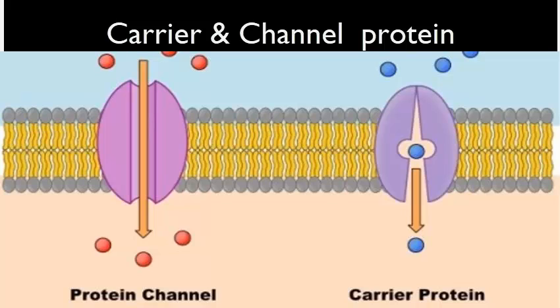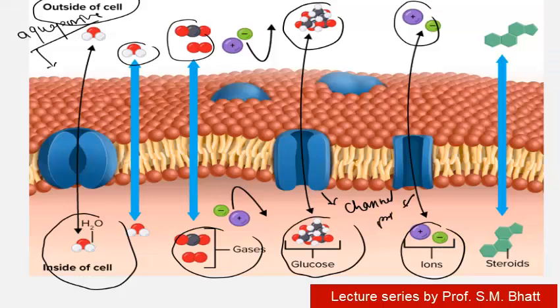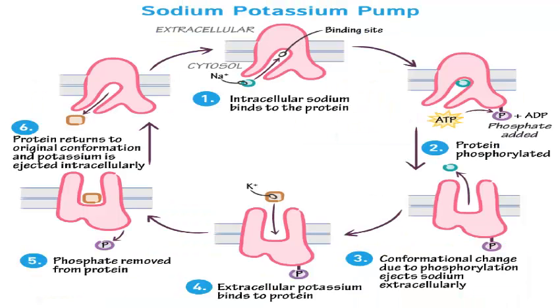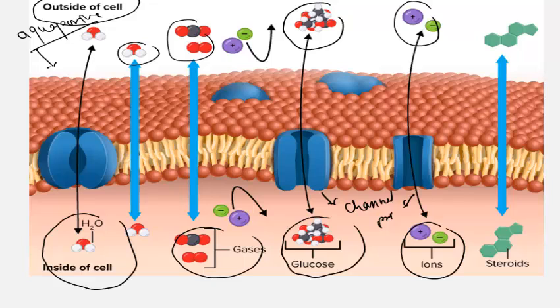Similarly, ions are also transported across the membrane via channel proteins. According to the name of the ion, for example potassium going from inside to outside or outside to inside, it is called the potassium pump. If sodium is transported, it is called the sodium pump. So you can name the channel or carrier protein according to the ion, right?